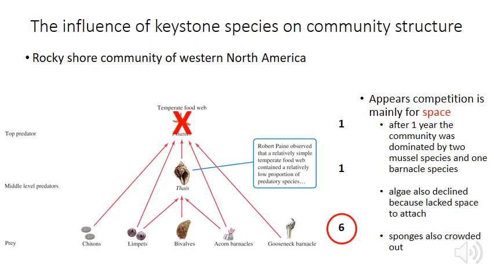And it seemed to be largely space that these species were competing for. In addition to lowering the number of these prey species, algae also declined because of the lack of space, and sponges were also crowded out. So Paine here was really vindicated that the presence of this sea star, the apex predator, even though it occurs in relatively low numbers, has a huge impact on the structure of the community beneath it.